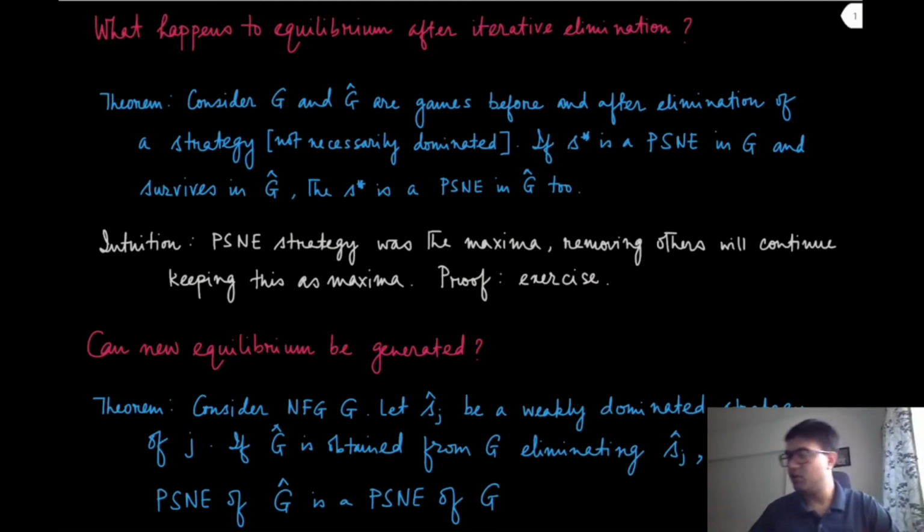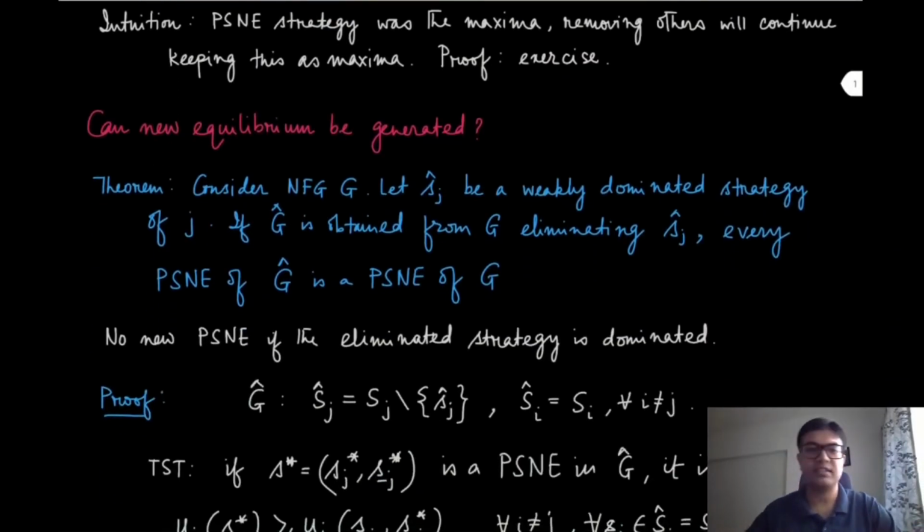In this module, the next result essentially shows that if you remove a weakly dominated strategy, then nothing is going to change. Essentially, the PSNE of that reduced game is also a pure strategy Nash equilibrium of the original game.